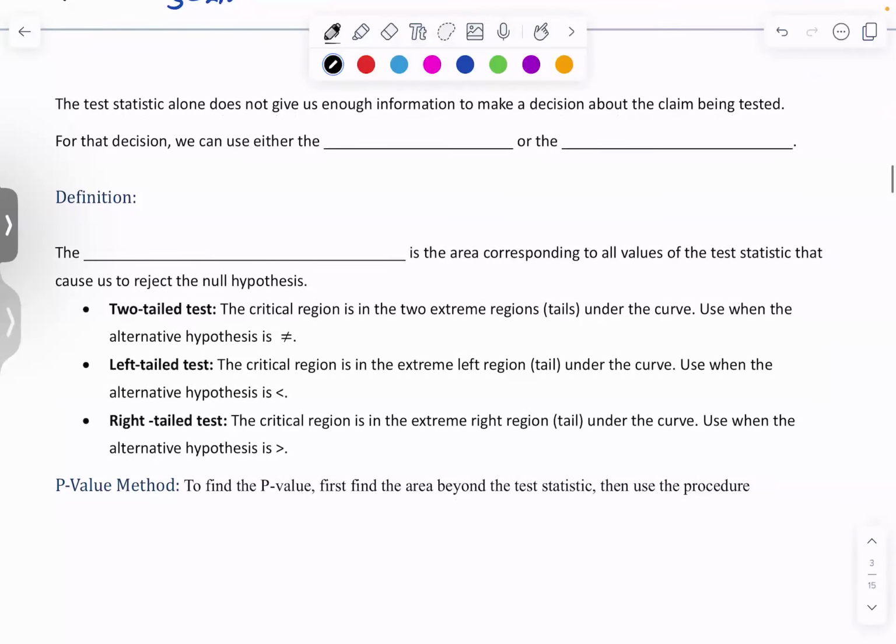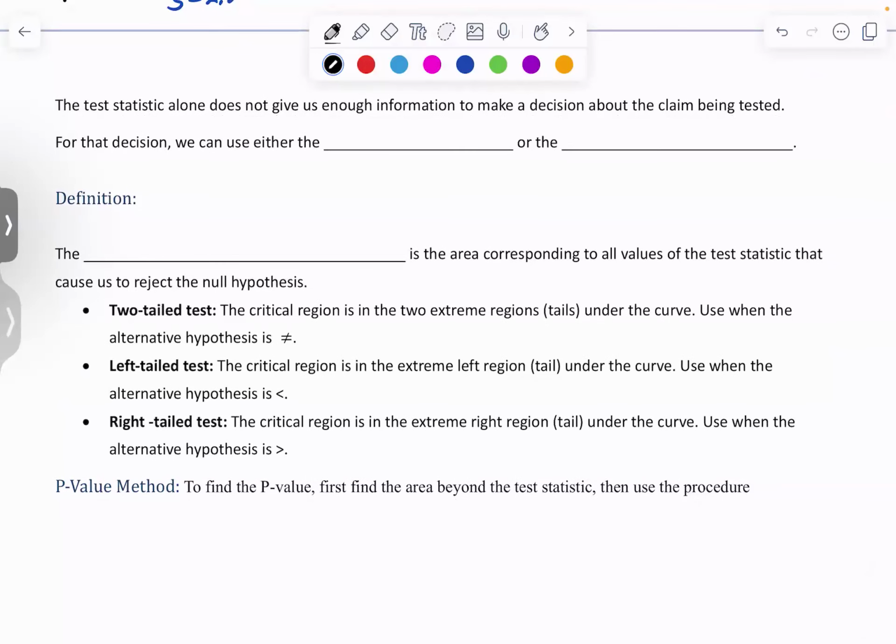The test statistic alone is not enough to give us enough information to make a decision about the claim being tested. For that decision, we have two ways of checking it, and I'm going to do both methods every time, just so we can see that they're always in sync with one another. We can use either the p-value method or the critical value method.